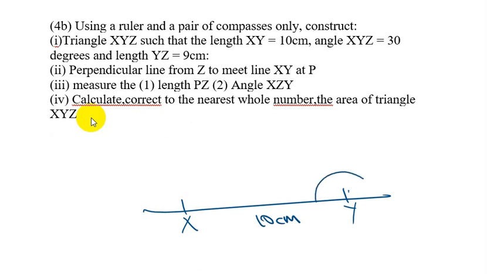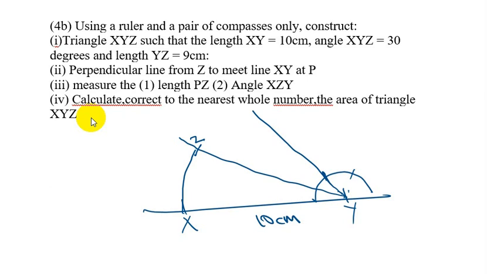So at Y here, we will bisect this line, here and here like this. So that's 30. And it said line YZ is 9. So from there you stand here, measure 9, then you cut on the line, then you join it to this one.